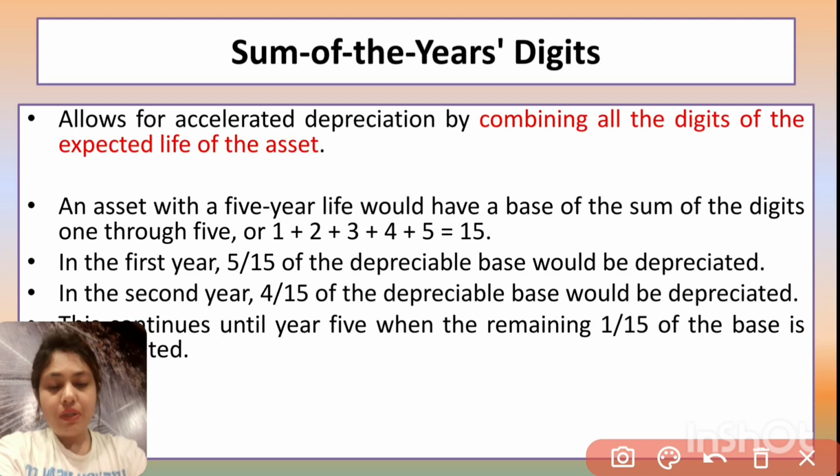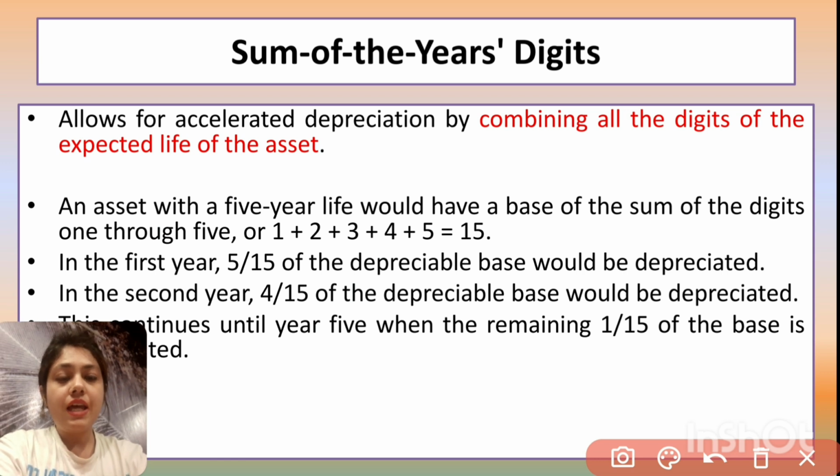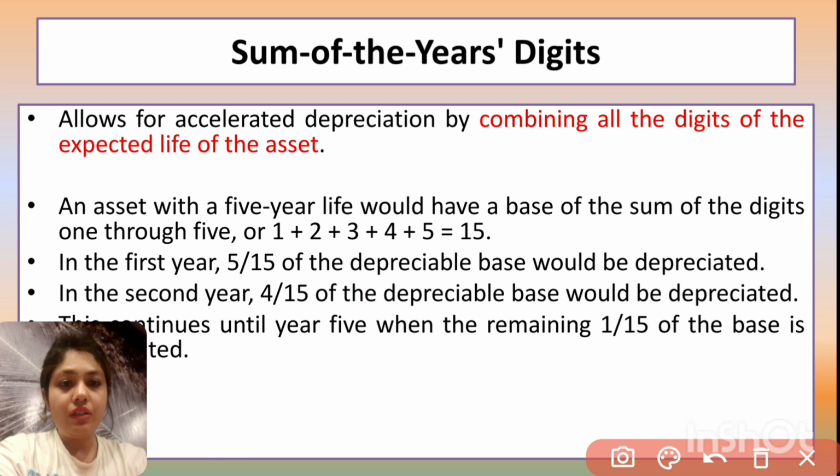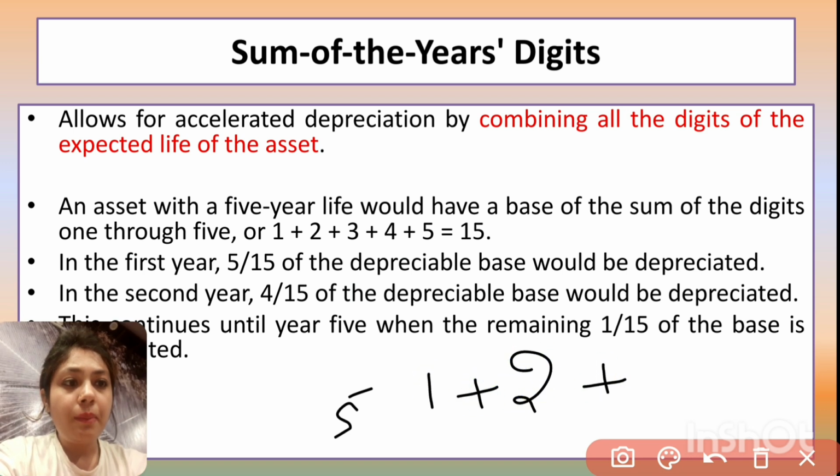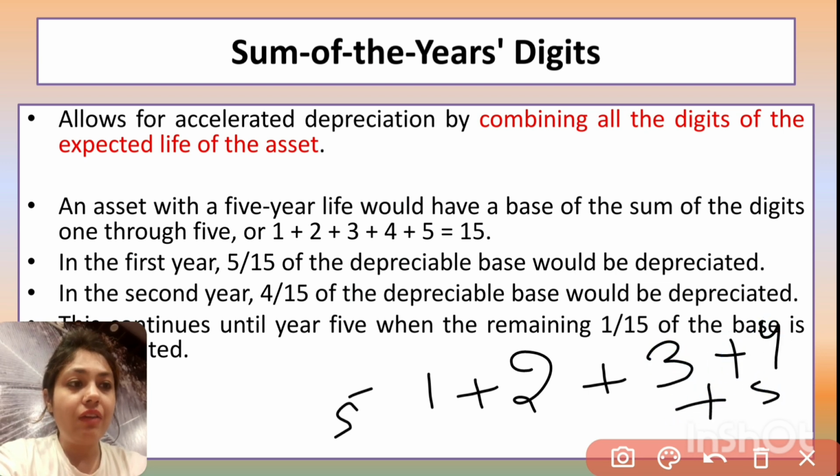So the last method under time base is the sum of years digit. Over here what happens is that we take the number of years. Say the life of an asset is 5 years. So what do we do? We keep on adding all the years: 1 plus 2 plus 3 plus 4 plus 5.